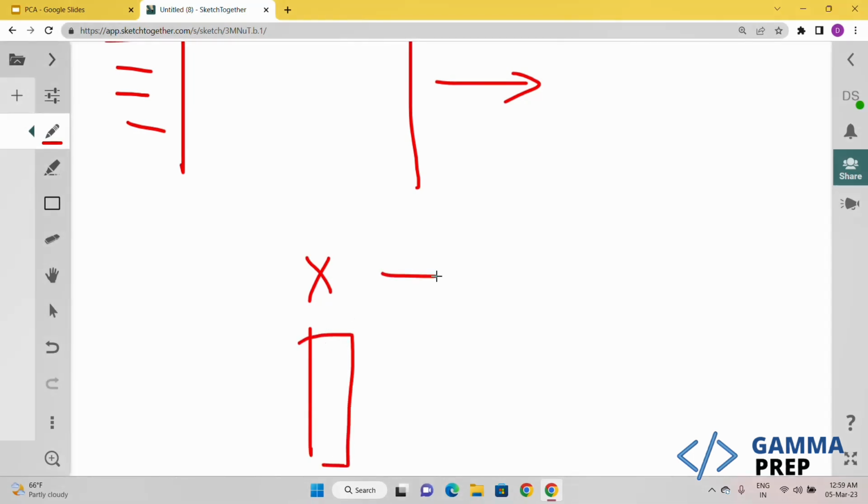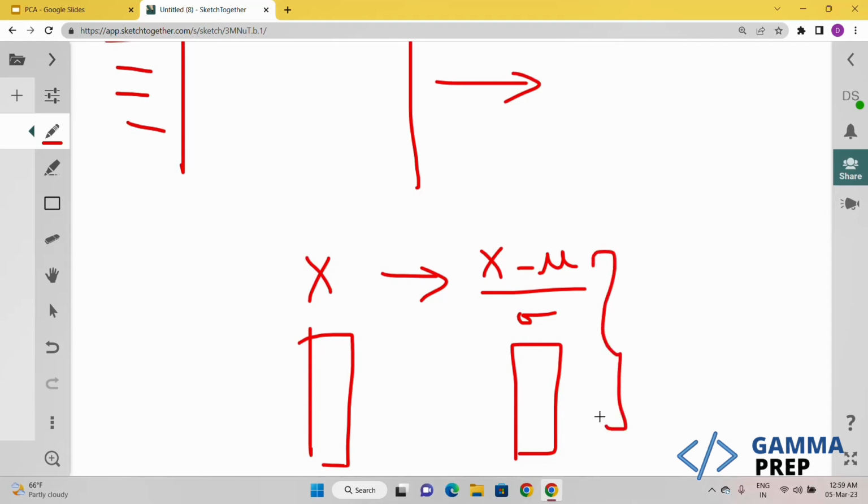You transform it into (X minus mu) by sigma, where mu is the mean of the column and sigma is the standard deviation of the column. So this transformed feature will have the mean as 0 and sigma as 1. This is the first step, standardization. Now, why are we doing this? Because in the second step, we will be creating the covariance matrix, and the covariance matrix is affected by the original values.